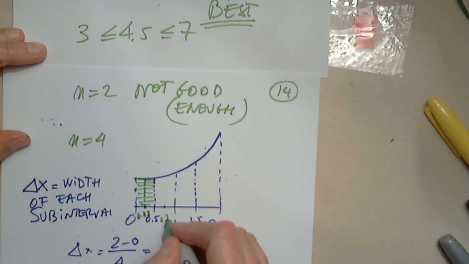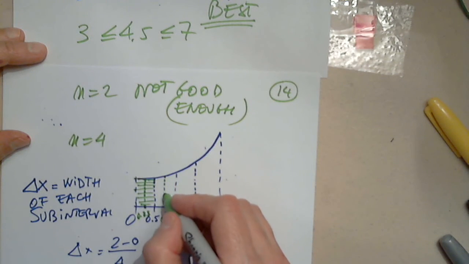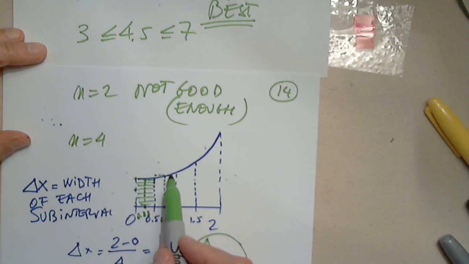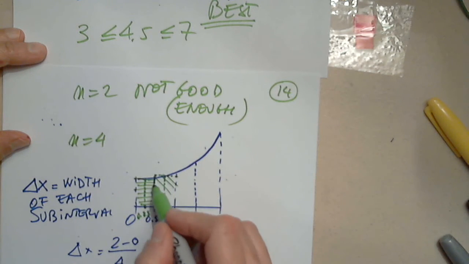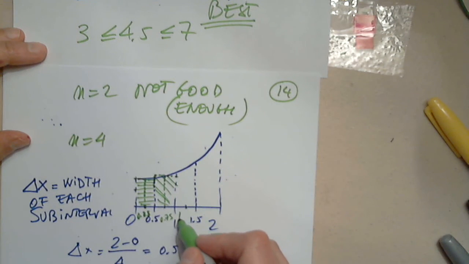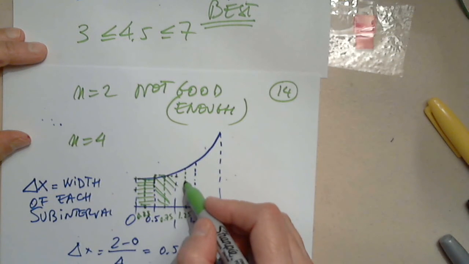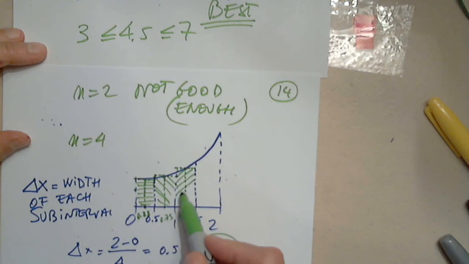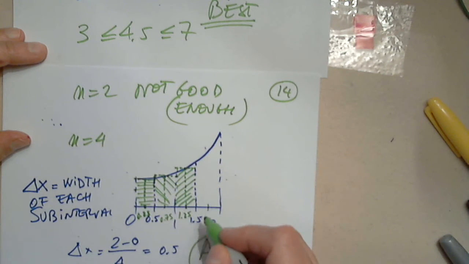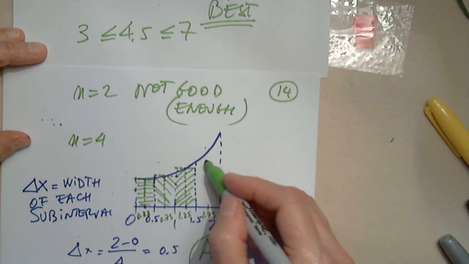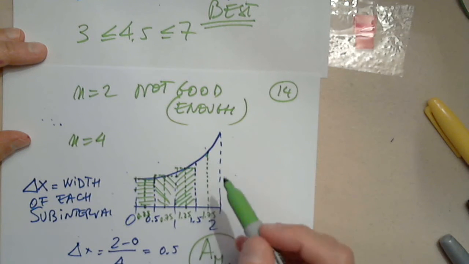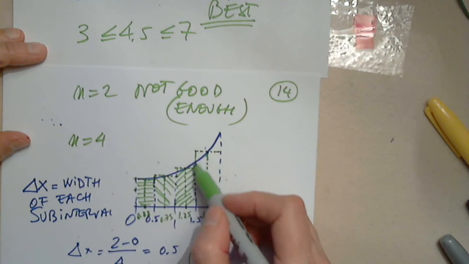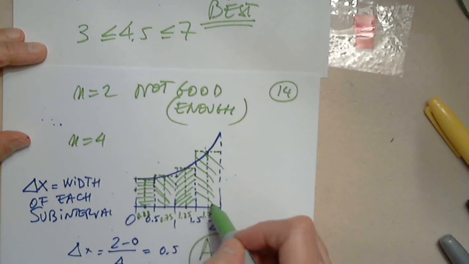Here I have 0.75, here is the height, and here's the area of the rectangle. This is 1.25, here's the height, here is the area, and this is 1.75. Here is the height, and here is the rectangle.